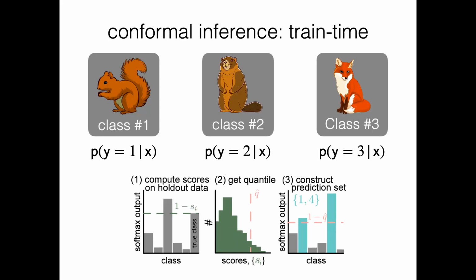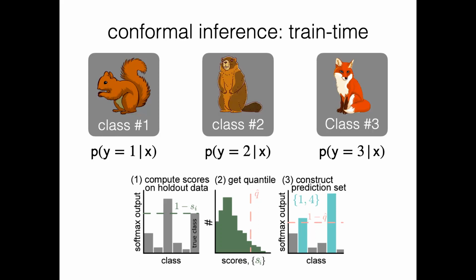And so what happens is, for every point in your validation set, you're going to look at these probabilities and add them to a statistic until you reach the true class. If the true class is class 1 and this is the highest probability, I would stop there and just add that to my statistic. If class 3 is the true class and they're ranked this way, I would add the probability of class 1, probability of class 2, and probability of class 3 all together.